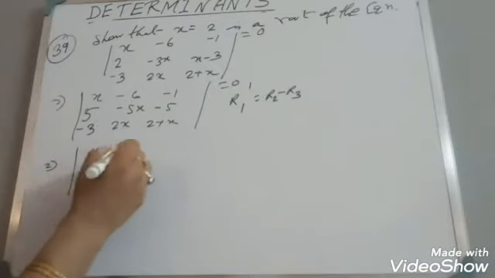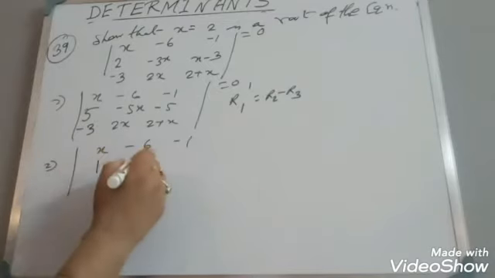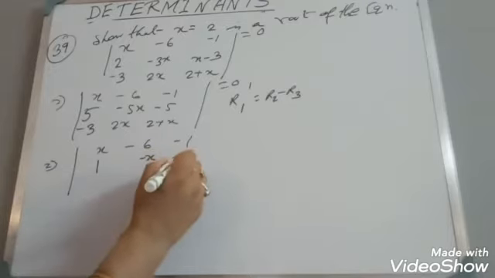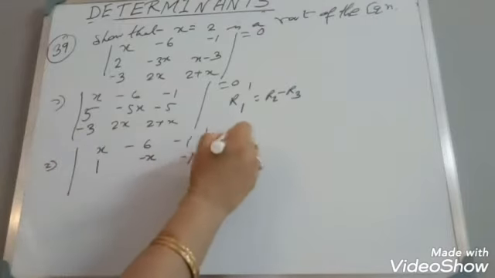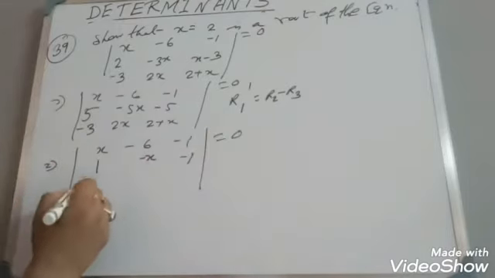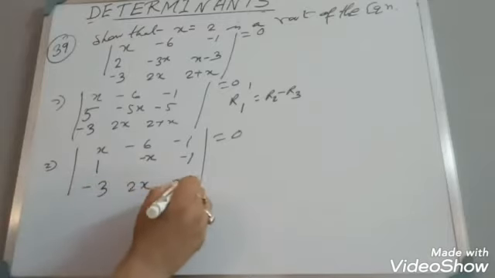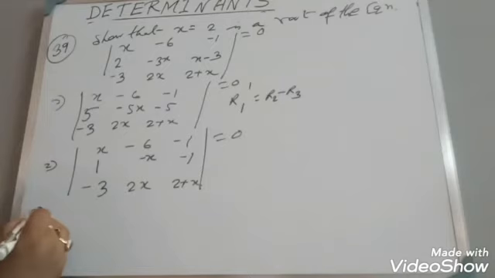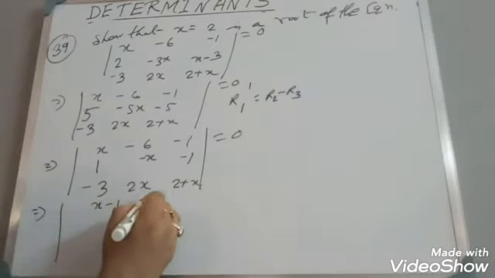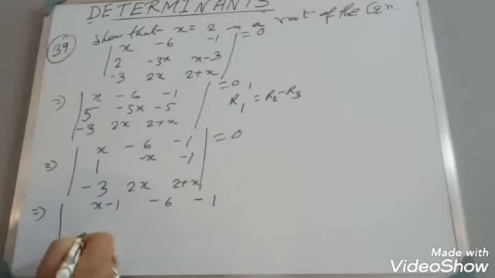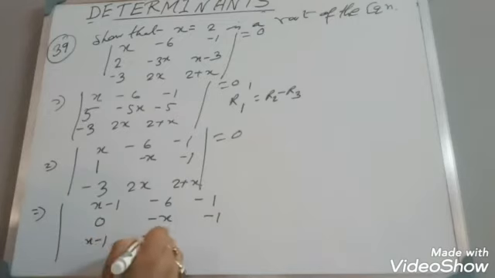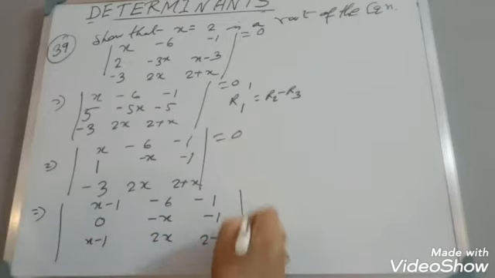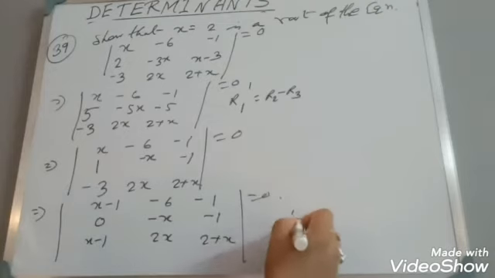Which implies, 5 is taken out, and since the right side is already 0, it will remain 0. Then x minus 1, minus 6, minus 1; 0, minus x minus 1, x minus 1; 2x, 2 plus x. What is the operation given here? C1 dash equals C1 plus C3.